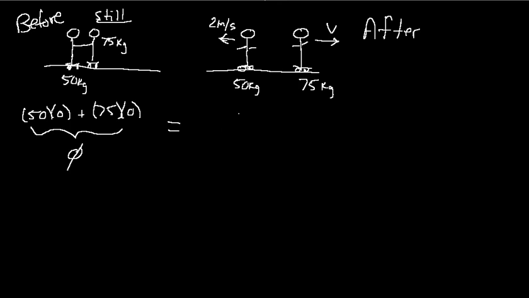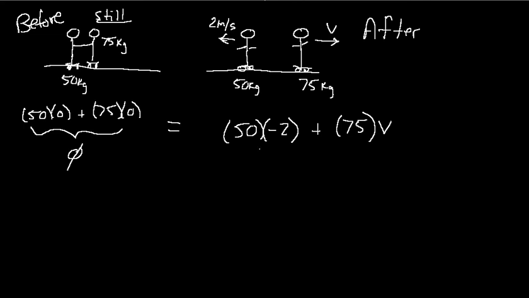So what's the total momentum after? We've got 50 kilograms going in the negative direction, so that's times -2, plus the 75 kilogram person, and we don't know what the velocity is. But we know this plus this has to be 0, because it was 0 before.